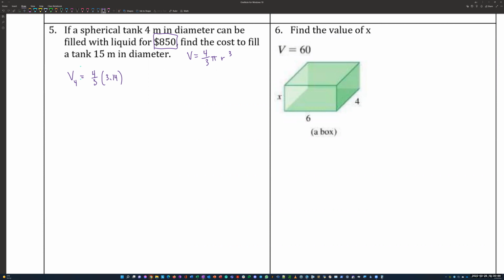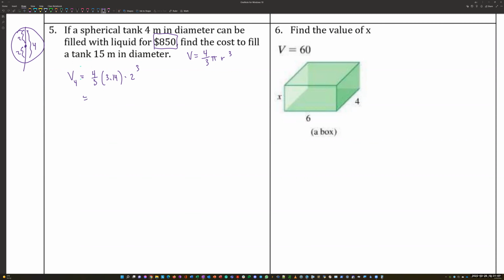Where are the 4 meters actually coming in? 2 is correct. Just remember that diameter means if this part is 4 from here to here, then it's 2 from there to there and 2 from there to there. So it's 2 cubed. Does that make sense?